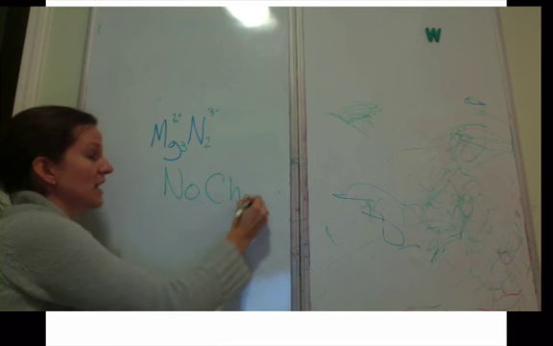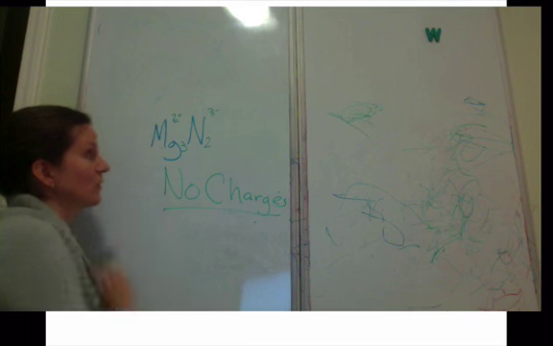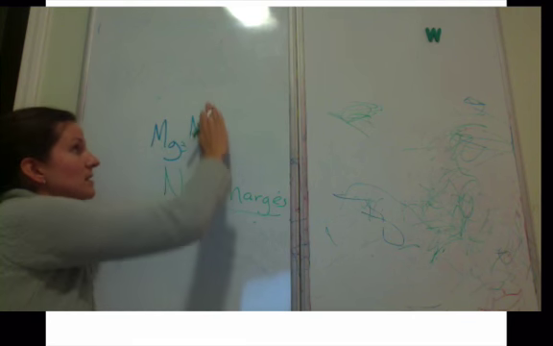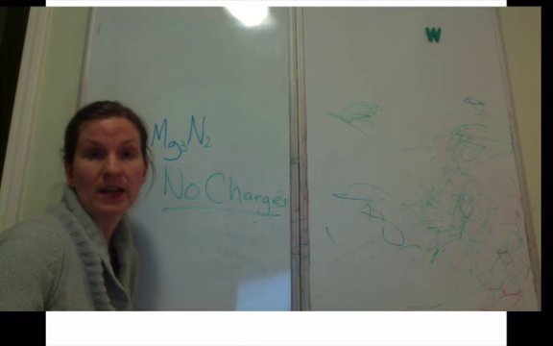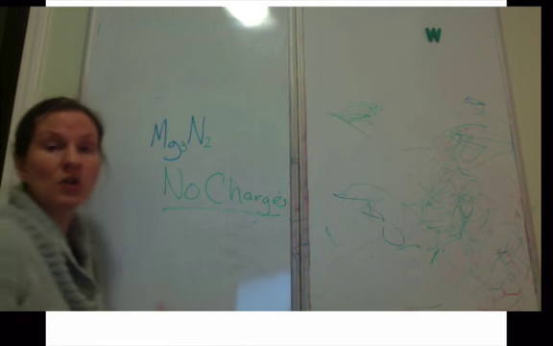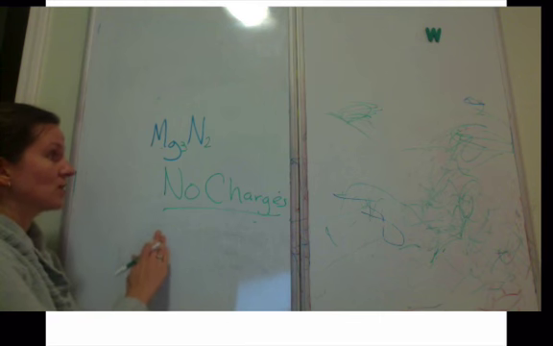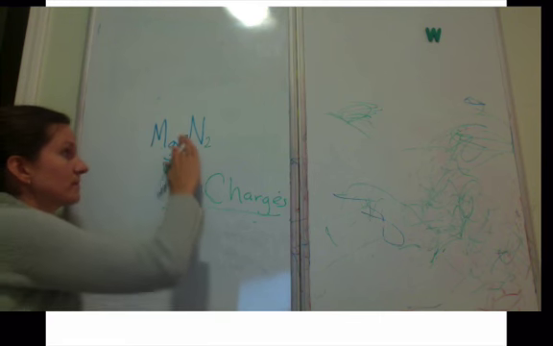You do not get any charges once you're done with your formula, so you've got to erase them. But this is one way it will work. You can also look at it more as how to balance charges.